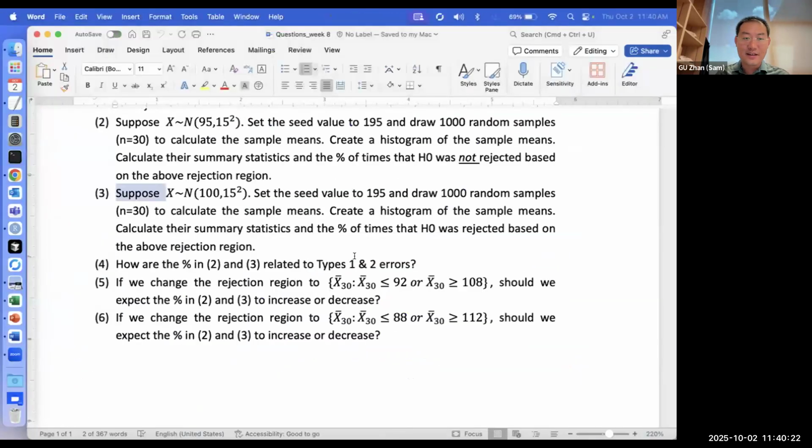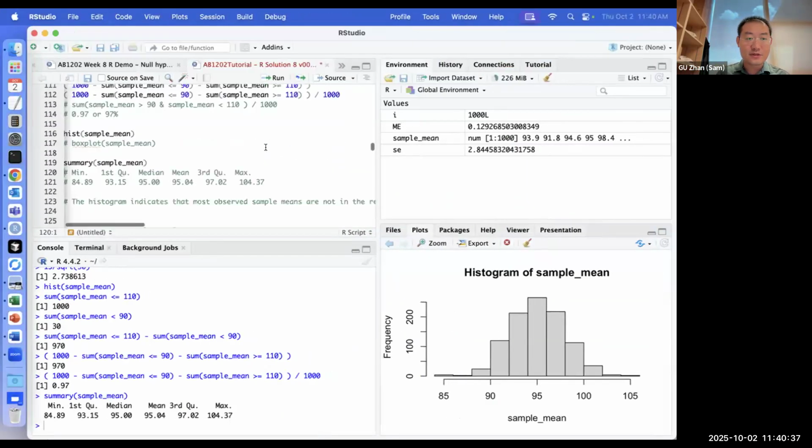Now, suppose the population is actually centered at a mean of 100, and we draw the sample means.